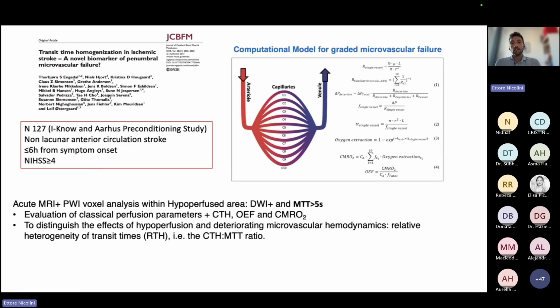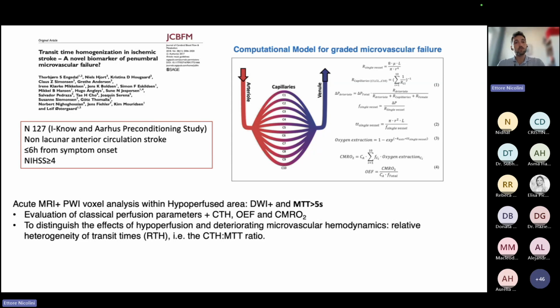After that, the largest clinical application was in the HORUS preconditioning study. In the HORUS preconditioning study, all the patients underwent an acute MRI with PWI images.